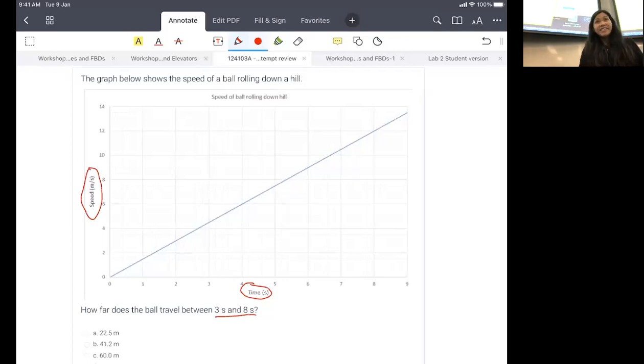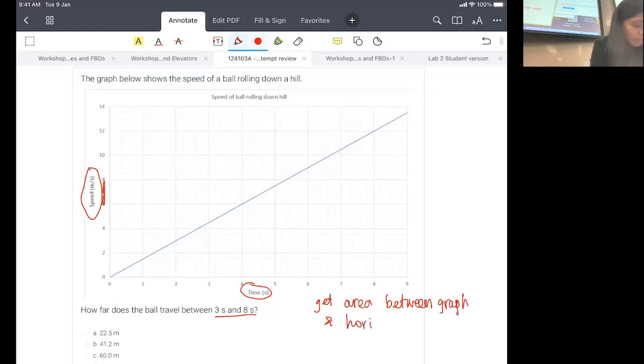So the first thing to check is what's given in the y-axis. If you're given the speed and you want the distance, you get the area. If you want the acceleration, get the slope. So that means get the area between the graph and the horizontal axis.